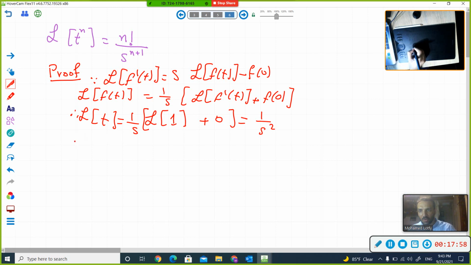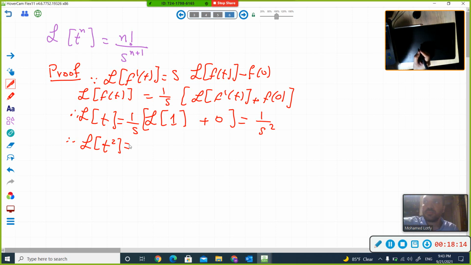So let's go on to see what about the Laplace transform of t squared, t to the power 2. We will apply the same definition. Okay, it will be 1 over s, the Laplace transform of the derivative of the function.